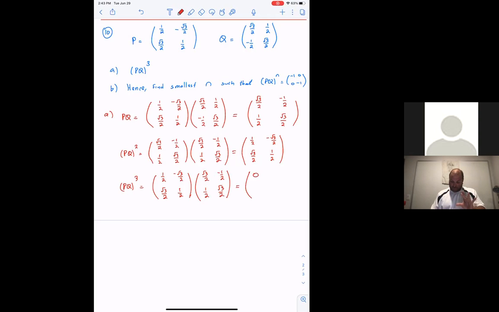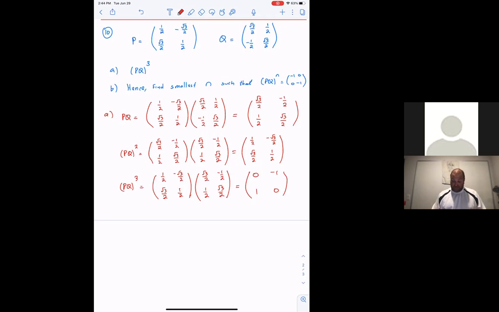Negative 1/4 minus 3/4, negative 4/4, negative 1. 3/4 plus 1/4 is 1. And negative root 3 over 4 plus root 3 over 4 is 0. So PQ to the third is that.